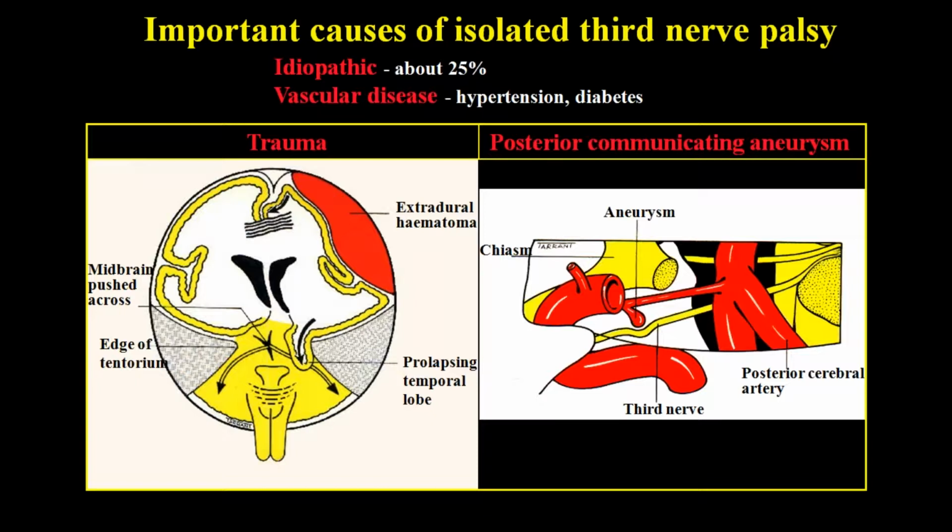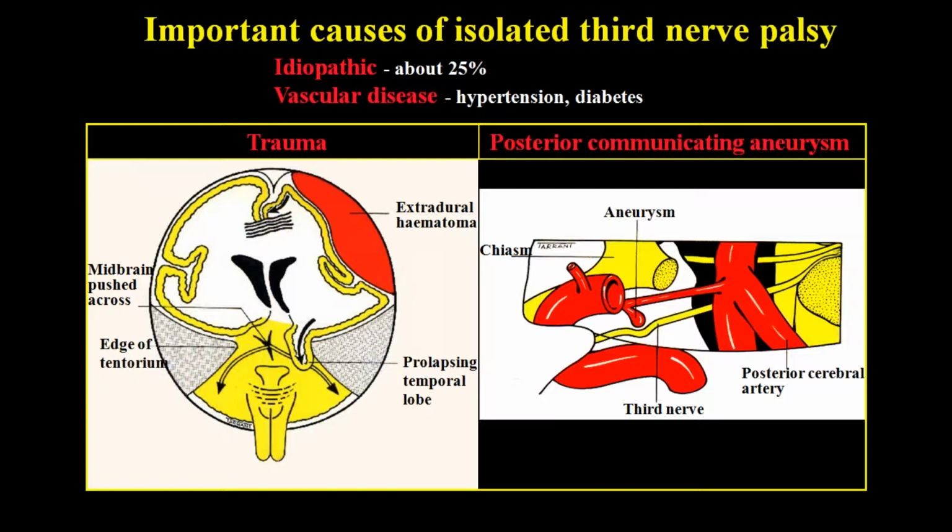If the pupil is not involved and is spared, then it is usually medical causes like diabetes or hypertension, which usually recover. These patients have to be observed and their hypertension and diabetes controlled.